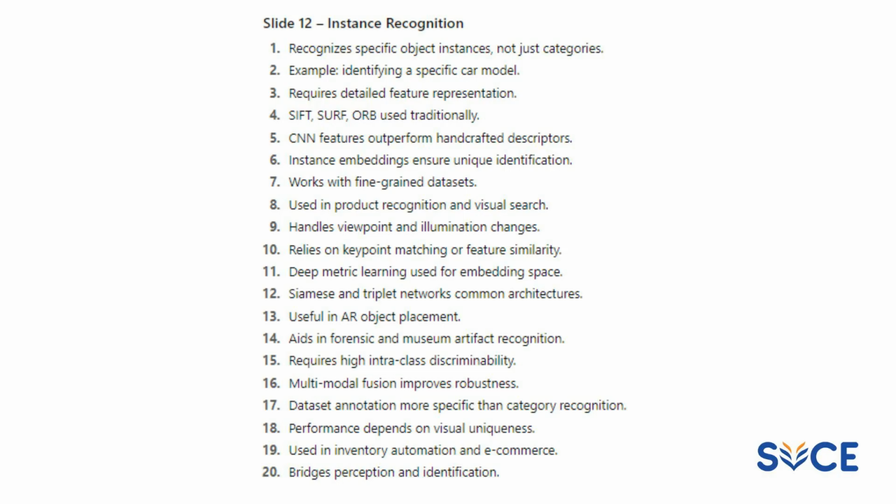To conclude, instance recognition represents a deeper level of understanding in computer vision, moving from classifying object types to identifying individual objects uniquely. With the rise of deep neural networks, especially Siamese and transformer based models, systems today can distinguish even minute visual differences between instances.